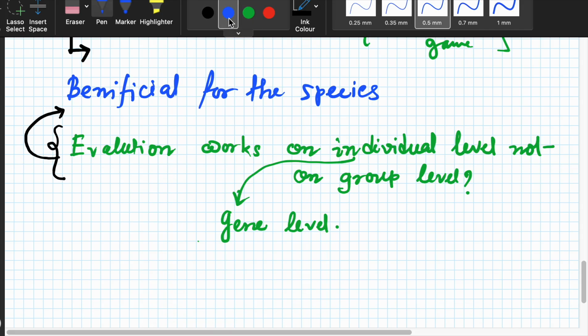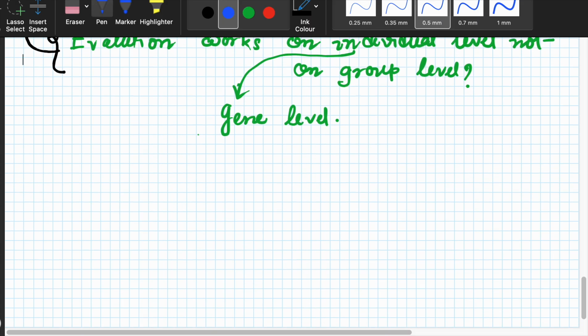This is answered by Maynard Smith by introducing the concept of the evolutionary game. And the first evolutionary game is the hawk dove game. Let me recheck the payoff.